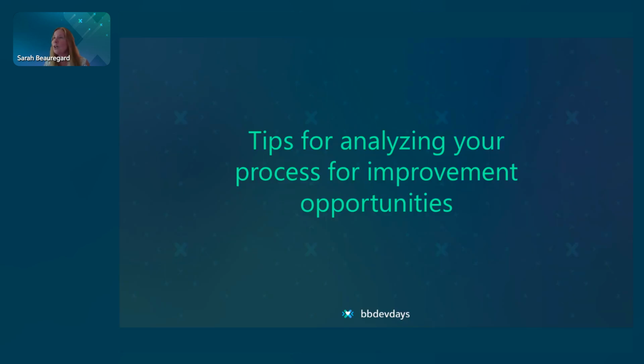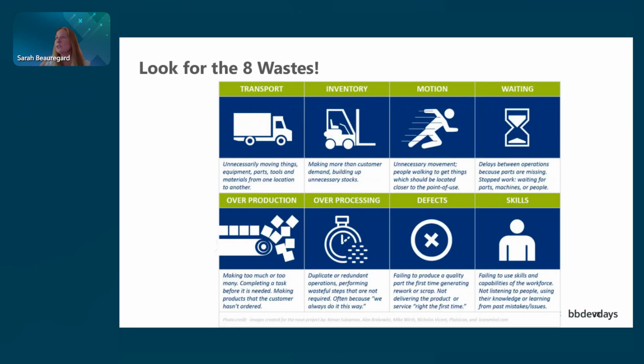Just wanted to talk for a minute about, and you have these slides so you can reference, some tips for analyzing your process for improvement opportunities. The next couple slides just have some pointers for you. This slide here, the tip is to look for the 8 wastes.